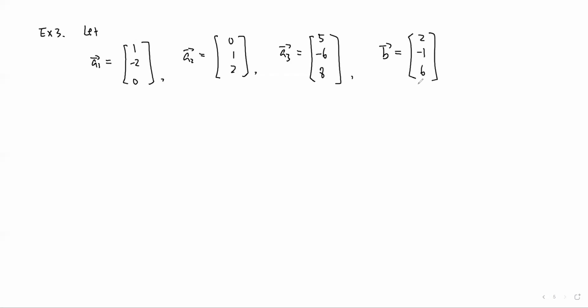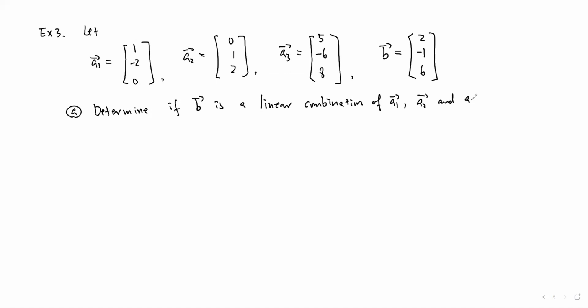Now, questions. A, determine if vector b is a linear combination of vectors a1, a2, and a3.